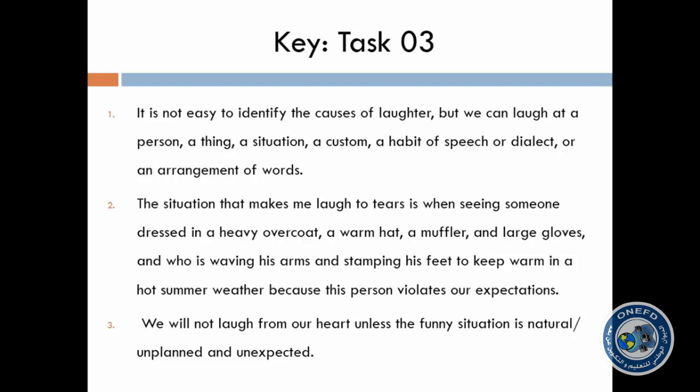Here you have these 2 sentences. They are linked together with the word unless, and we use unless to express a condition, but in a negative way, and we can replace it with if not.